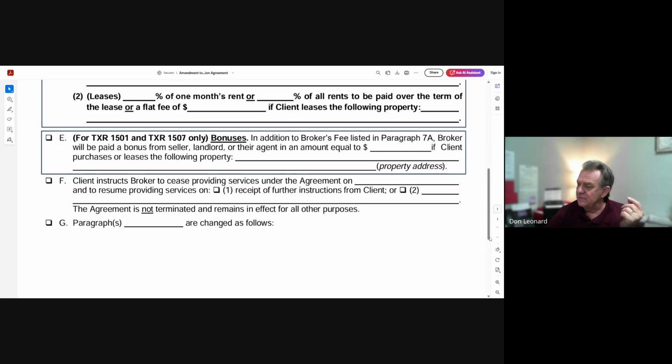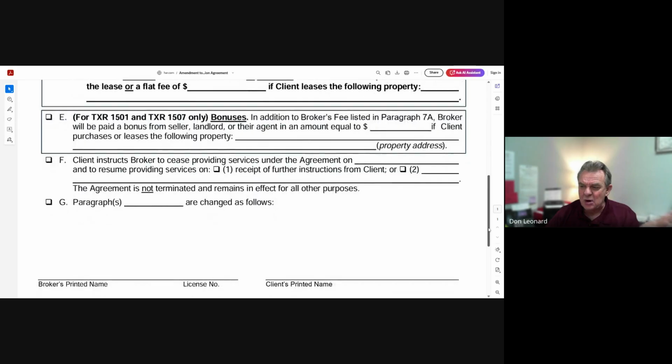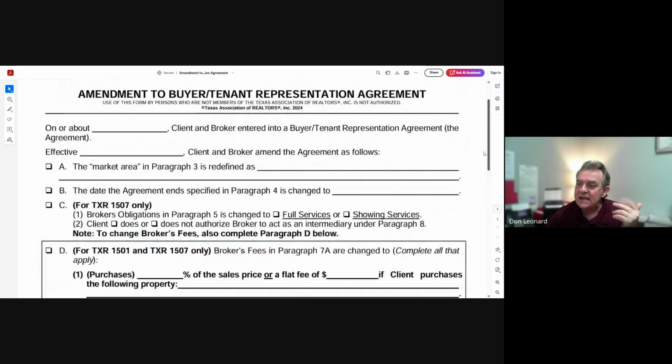And so that could be a number of different things. Most of the most common ones are the ones that you already see there. If, for instance, the change had to do with intermediary, where before they didn't really understand it, and so they said, yeah, okay, we can go ahead and do that, and then later on they decide, no, I've changed my mind, I don't want to do intermediary.